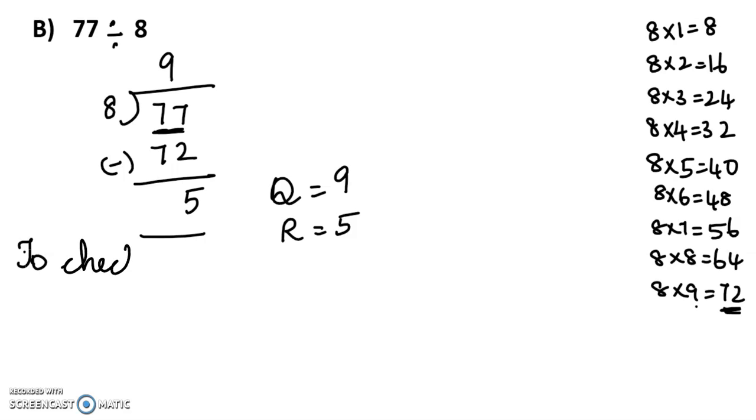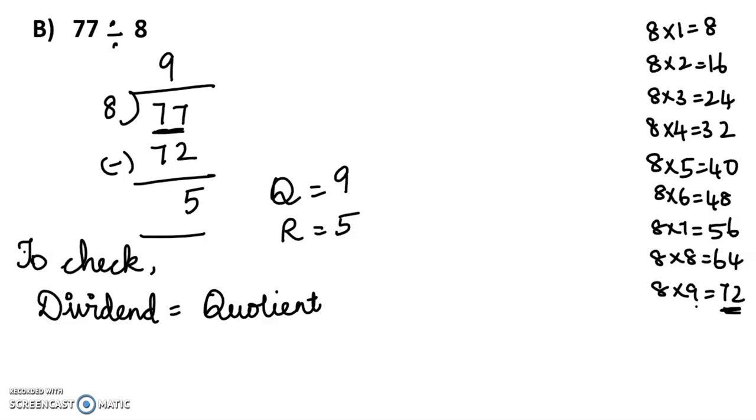So to check, what is the formula to check? Dividend equal to quotient into divisor plus remainder. So what is quotient? 9.